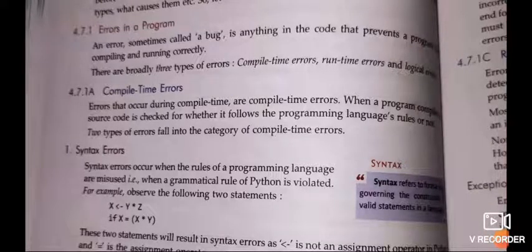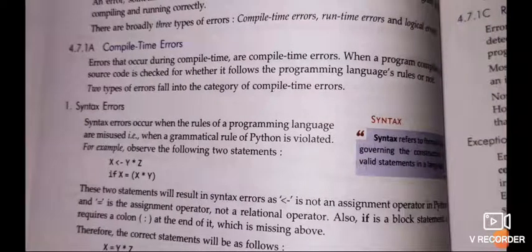By the term syntax, it is easily understandable what a syntax error means: any type of error in the syntax. A syntax error occurs when the rules of the programming language are misused, meaning we are using some wrong syntax. Like, see, greater than minus, it cannot be done. Here the assignment operator equals to, it will be less than or greater than equals to, not a relational operator.